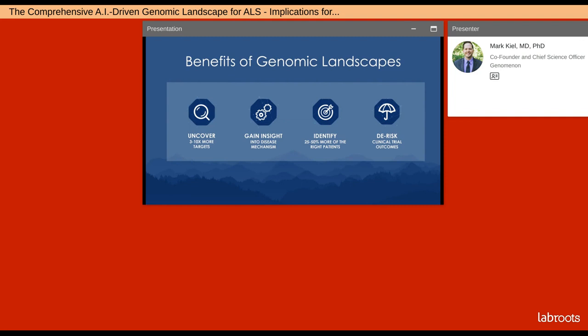A genomic landscape for that disease would be a thorough understanding of all of that complexity and would benefit researchers, trial designers, clinicians, and patients by uncovering more targets, allowing us to identify more patients and de-risk clinical trial outcomes, in addition to allowing us to gain a more thorough understanding of all of the different disease mechanisms and how they may converge or diverge.